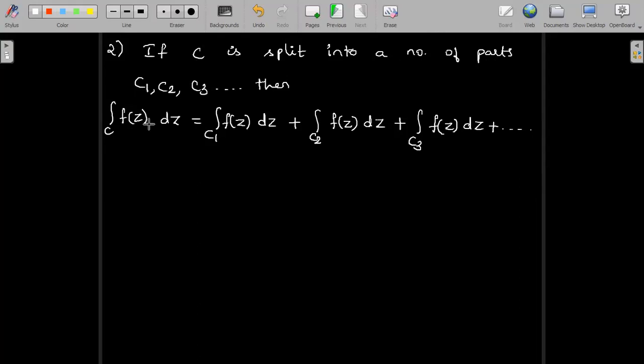Then now the third point; these are some of the properties we are talking about.